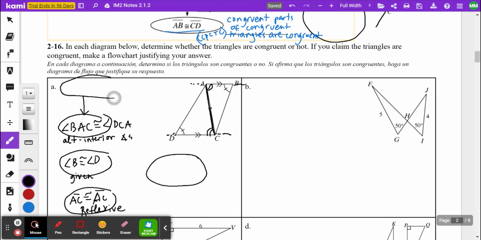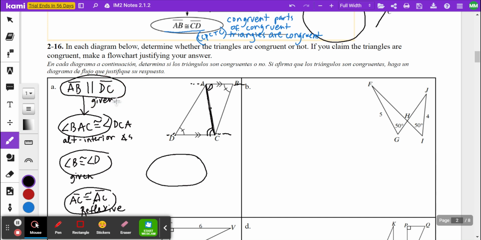So if you're going to use alternate interior angles, you must also state that you have parallel lines and connect from that parallel line statement to the alternate interior angle statement. So AB is parallel, side AB is parallel to side DC, and that one is given.